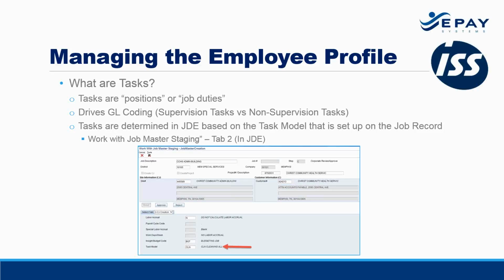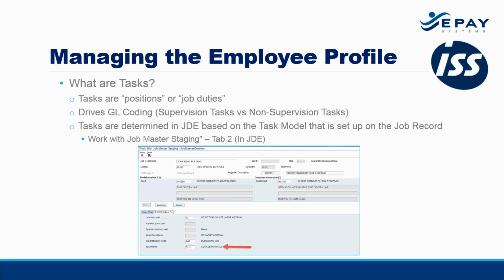But bottom line, in JDE there is a piece called Work with Job Master Staging, which allows the JDE user to go in there and set up this job, and there's a field at the very bottom there with a red arrow pointing to it called task model. That task model says if it's a cleaning job, we need to send over the cleaning task. Makes sense, right? Engineering job, engineering task.